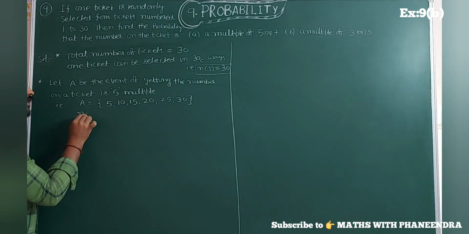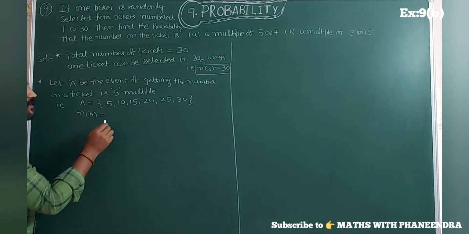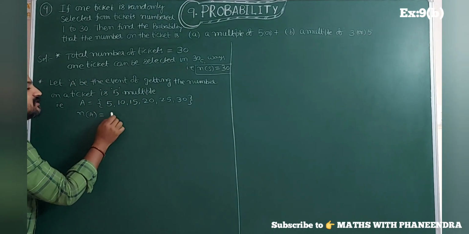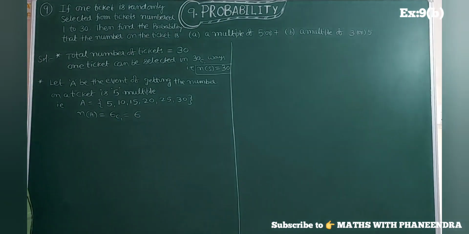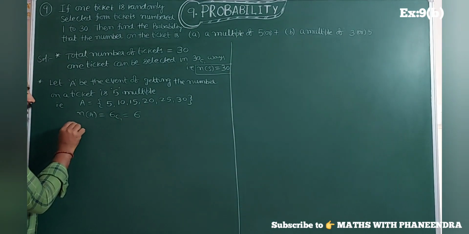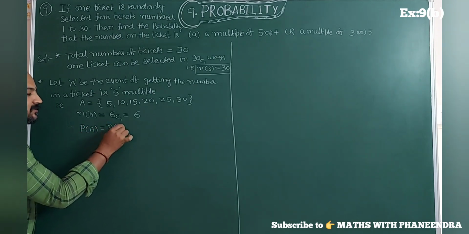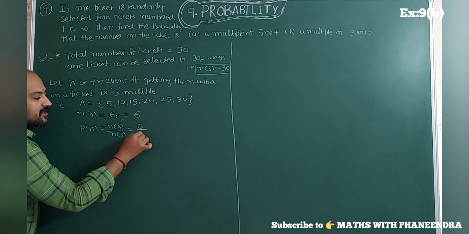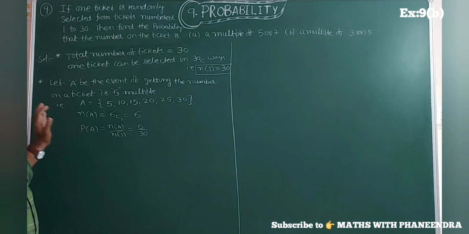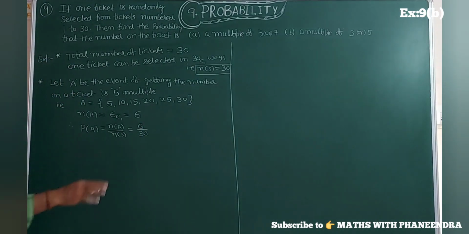Therefore N of A is equal to, out of these 6, one number can be selected in 6C1 ways, that is 6. Therefore the probability P of A is equal to N of A by N of S, that is equal to 6 by 30. Don't cancel, because in the next step we can take the LCM and do it.